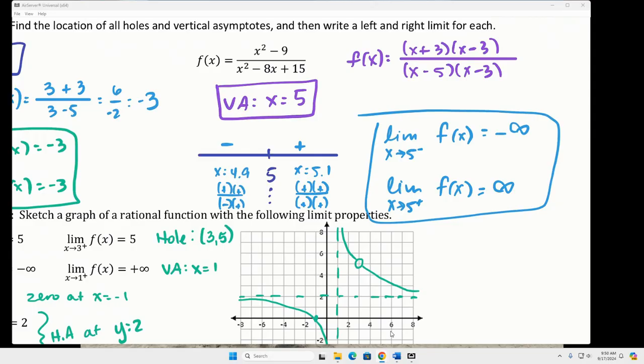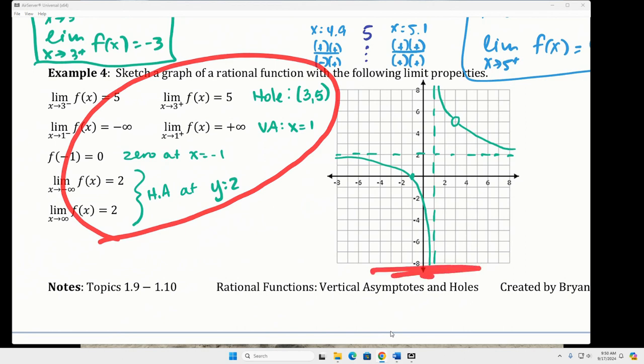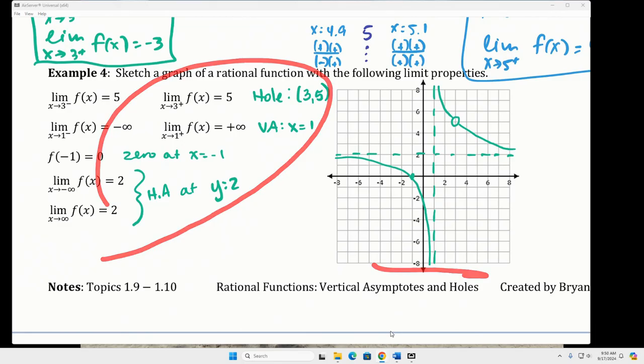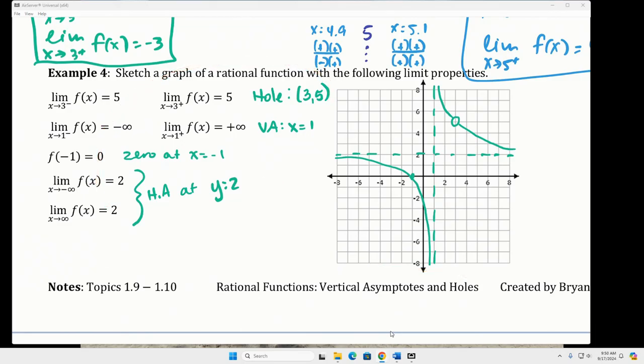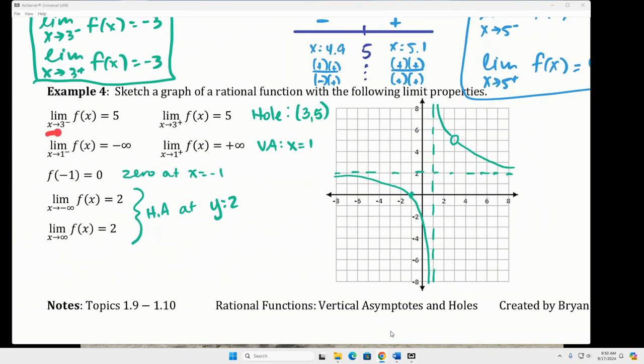Now, I think I've found, just from what my class did last period, that it's easier for you guys to look at these and get the graph than it is for you to get these from the graph. And I didn't realize that was going to be an issue, but it definitely is. And so this one right here that says, as x approaches 3 from the left, that the graph is going to 5.